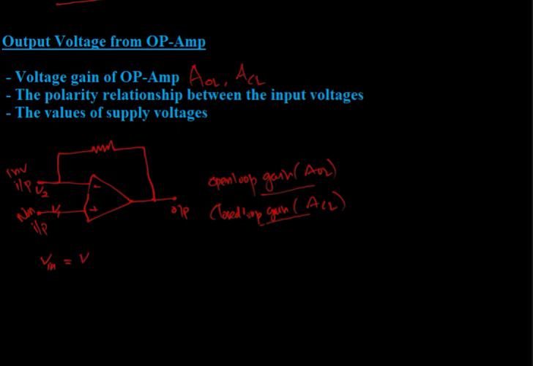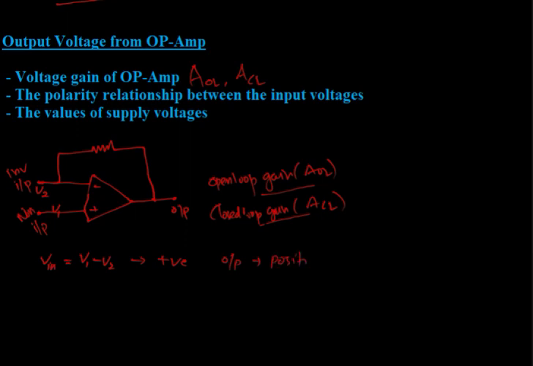So consider V1 minus V2, which is actually the input voltage. If V1 minus V2 is positive, the output voltage will also be positive.